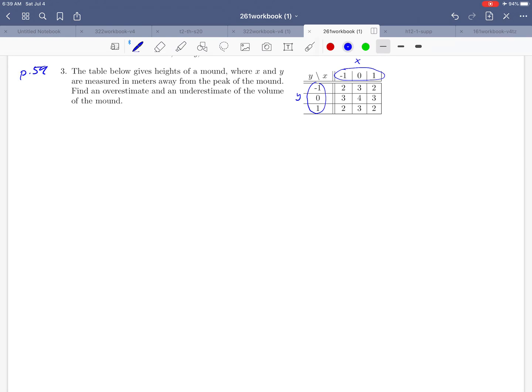I'd like to draw a picture of this as well. That makes it a little bit easier to have an idea in our mind of what's going on here. So here's x and y, and we're going between -1 and 1 on both axes.